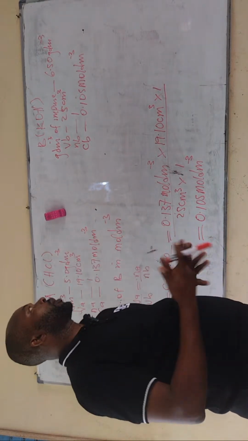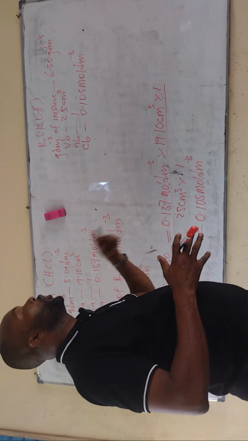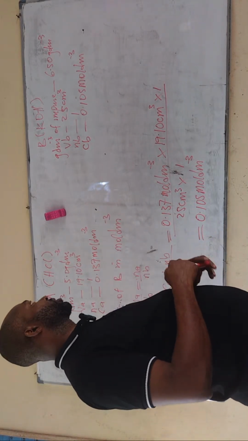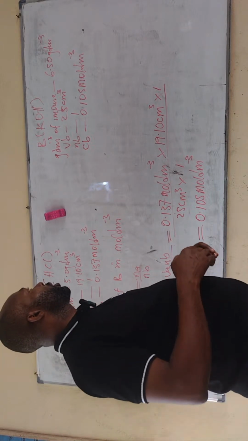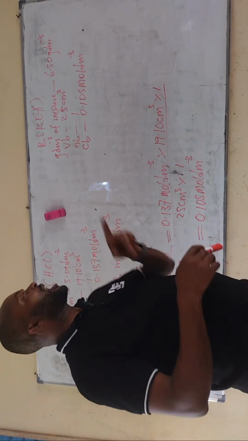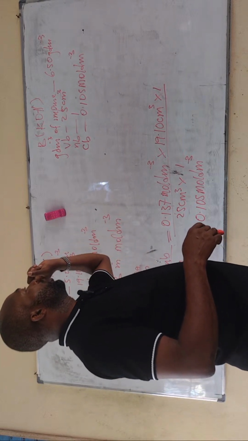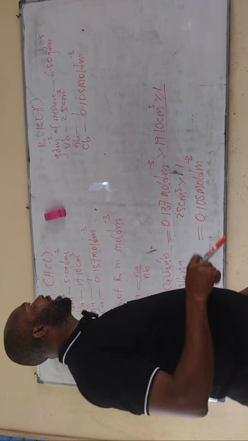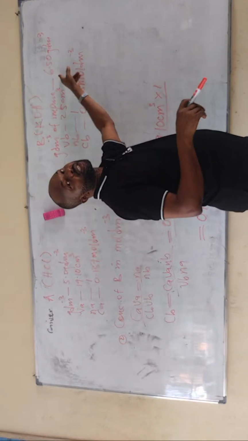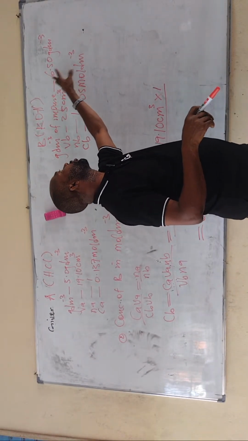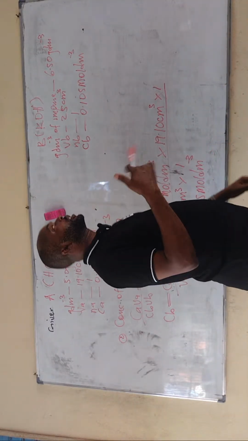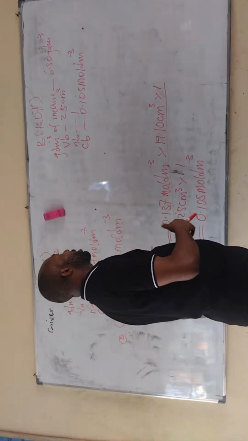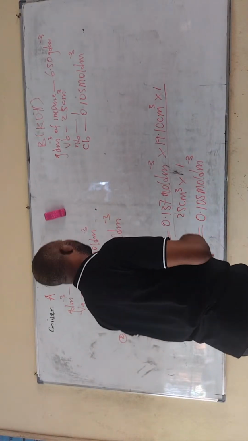But by virtue of our understanding of the formula, we know something is missing, which we must get in order to proceed. Therefore, we have to calculate the mass concentration of the pure KOH. Remember, it has to be less than that of the impure. Whatever we get should be less than 6.5. If it is more than 6.5, either the equation is wrong or we are wrong. So let's find out what that is.